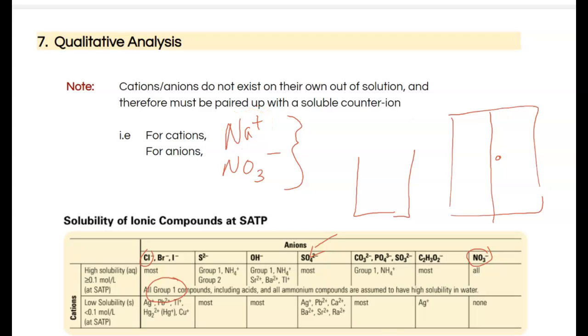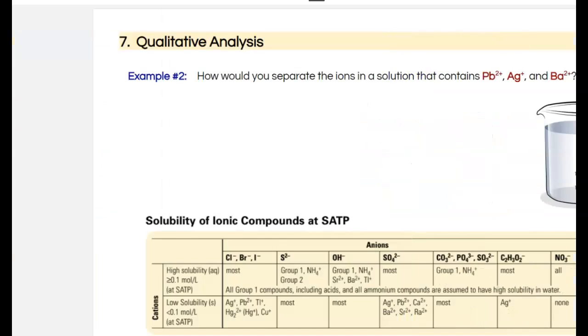So an appropriate compound for me to have added in the last question would be sodium sulfate, because I know that the sulfate is going to go in solution and precipitate out my barium ions, forming barium sulfate, but this sodium is going to remain dissolved in solution. Okay, so let's look at an example. And if that part's not clear, feel free to pop into my Zoom meeting to clarify, and I'll expand on that.